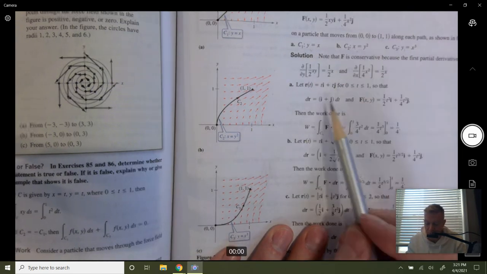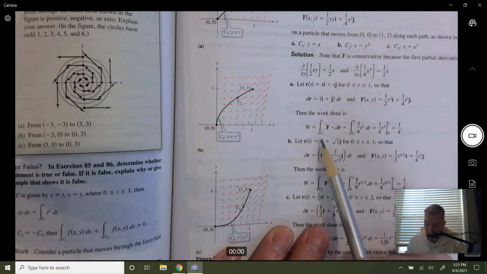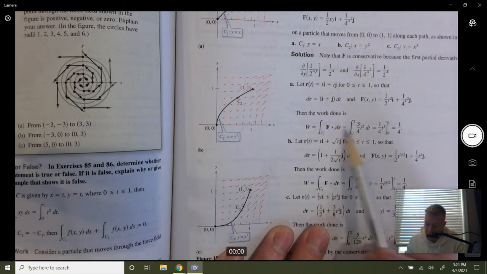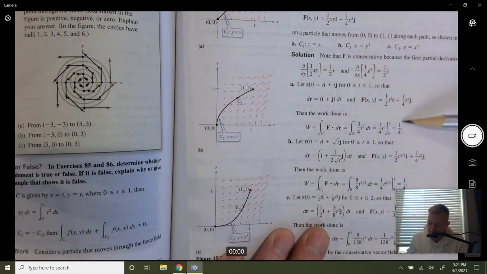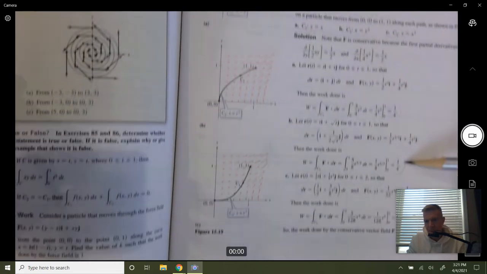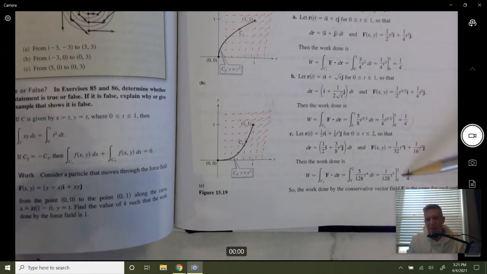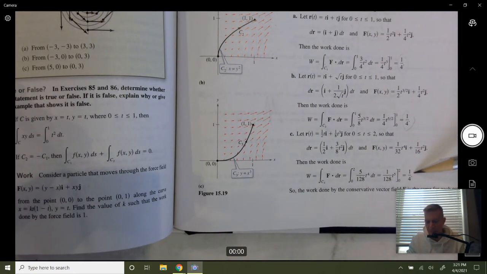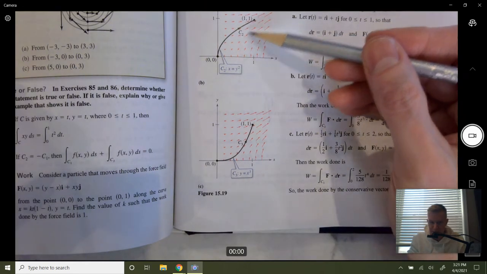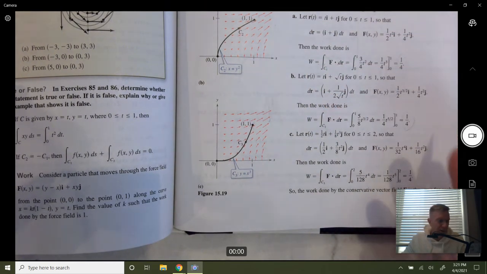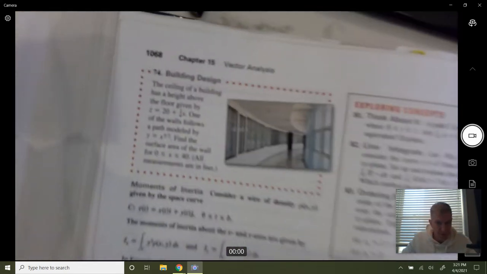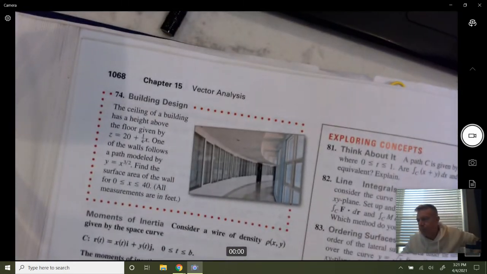So when you do an integral of F dotted with dr, you get a different function, you get a different integrand, but you get the same value for all three. Okay. In fact, what you find is that the path doesn't matter at all. What really matters is your endpoint and your beginning point. Okay. Nothing along that path matters if it's a conservative vector field.